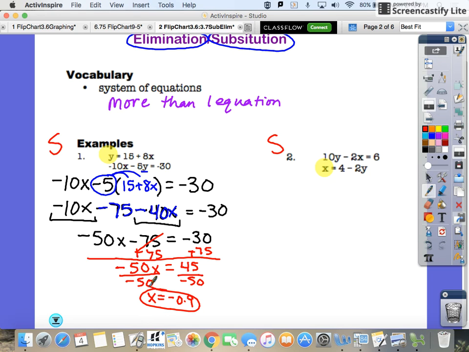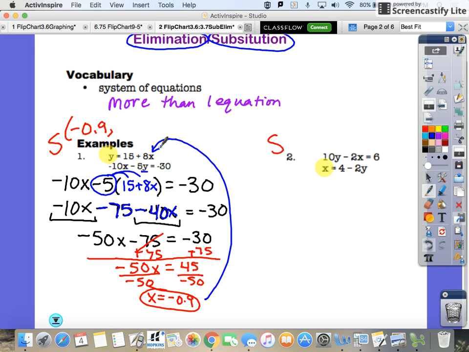Okay, so that's our x value, but we're not quite done because we're looking for a coordinate. Remember from our graphing section, we know the x value, but we need to find the y value. So what we should do is take this and put it back in for x.